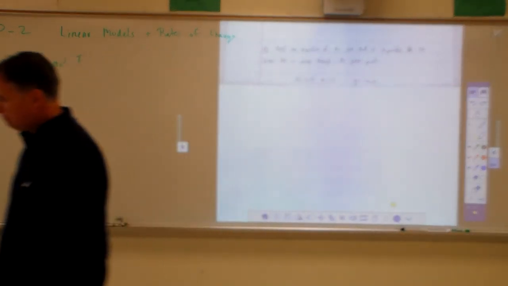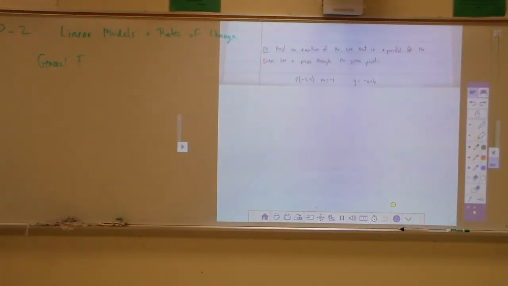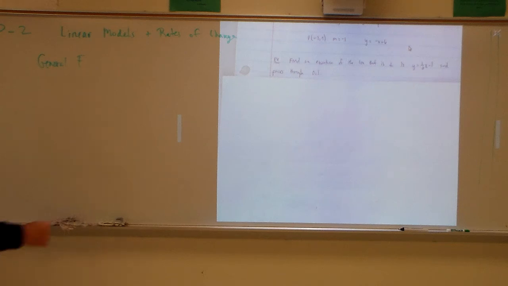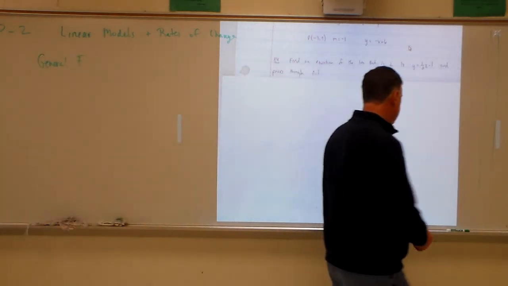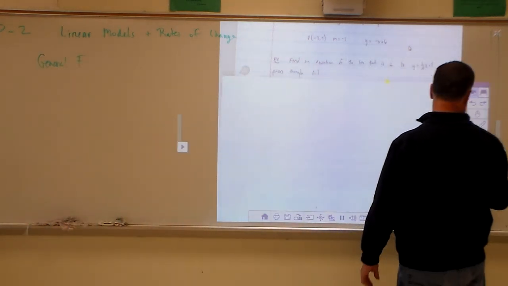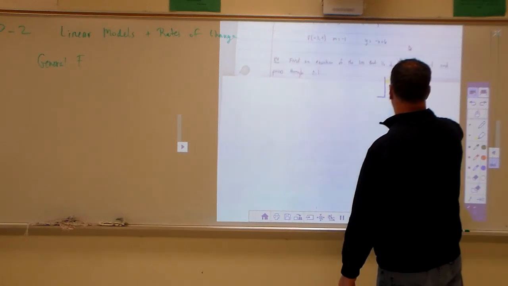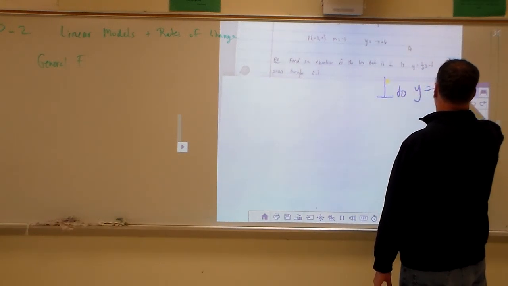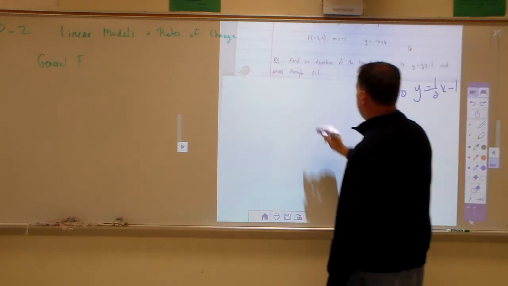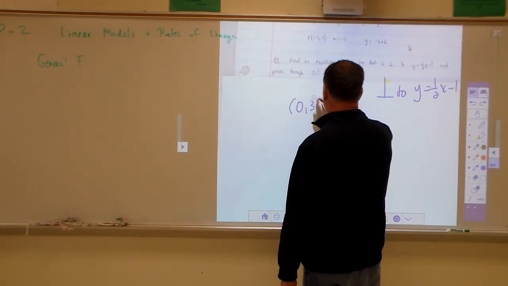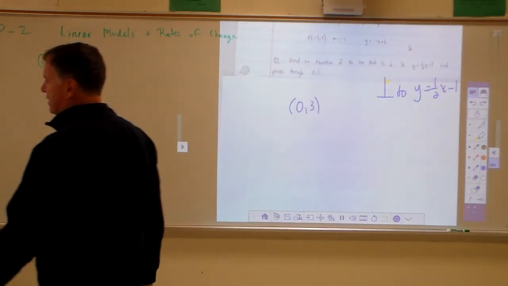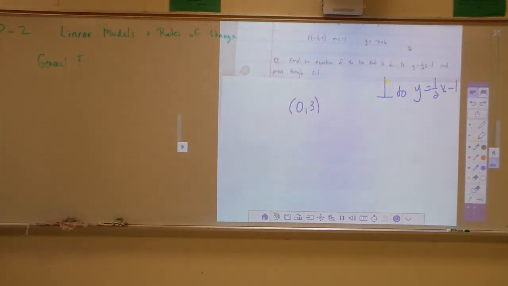Next one. Find an equation of the line that is perpendicular to y equals 1/2 x minus 1 and passes through 0, 3. Remember, when lines are perpendicular, their slopes are negative reciprocals of each other.